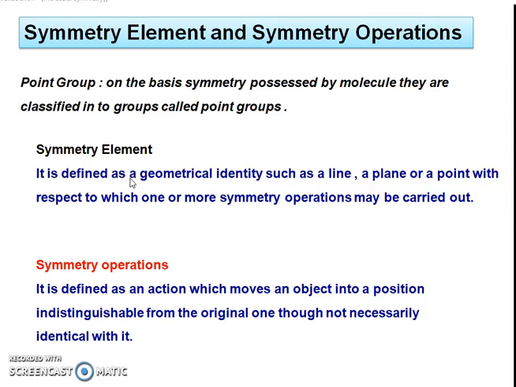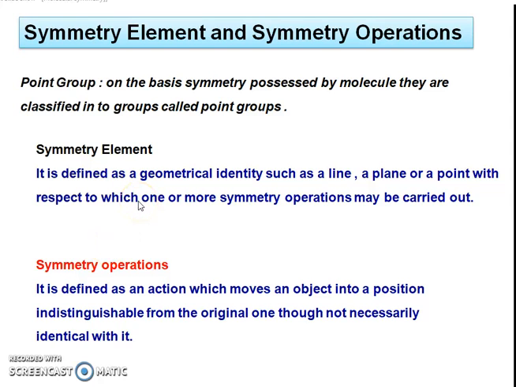A symmetry element is defined as a geometrical entity such as a line, plane or a point with respect to which one or more symmetry operations may be carried out.